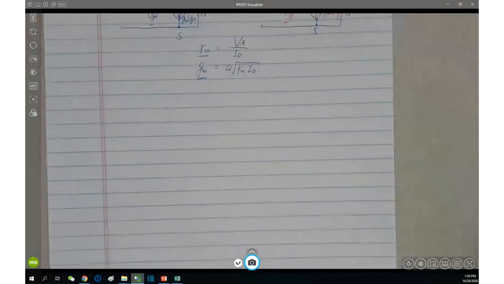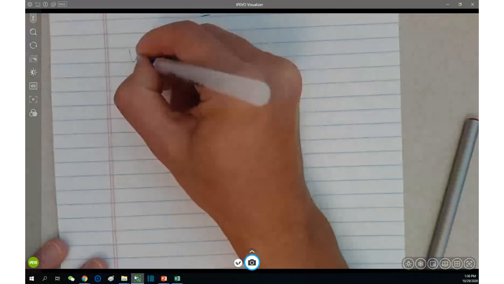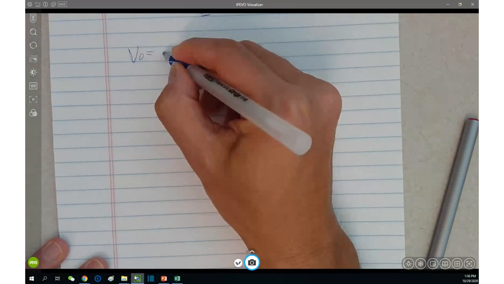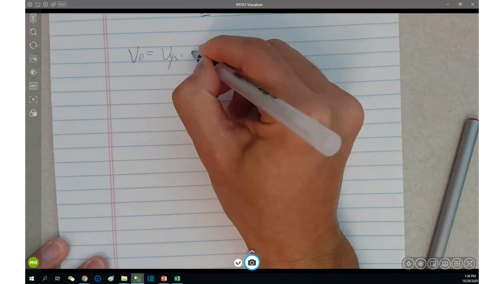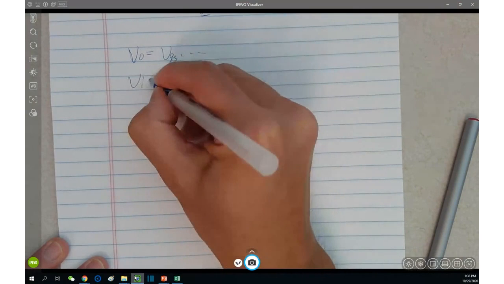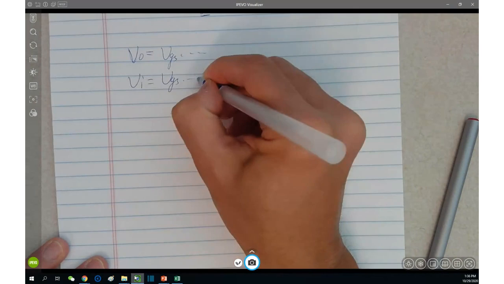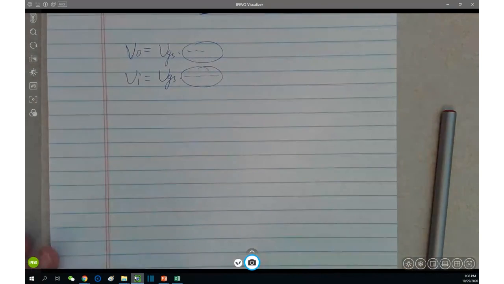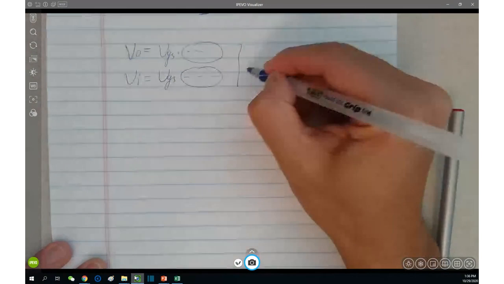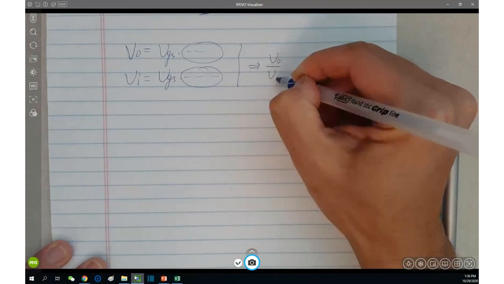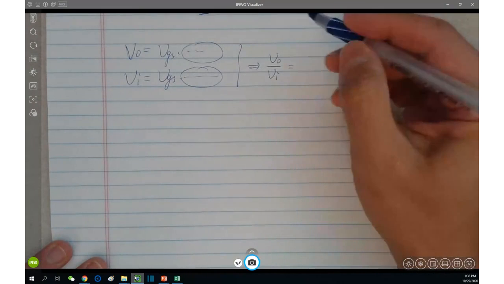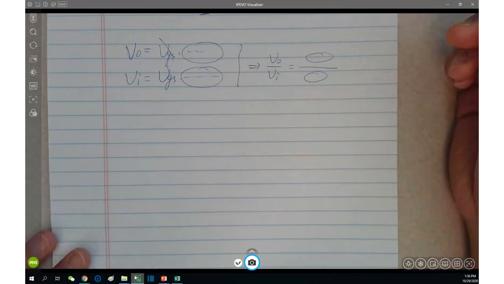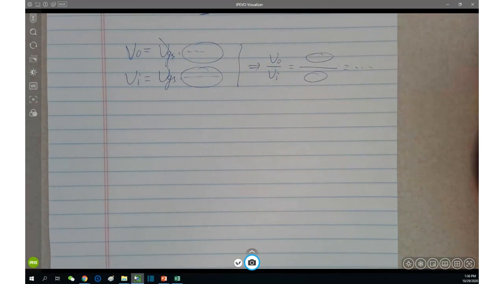Let me explain this way. You have V naught in terms of, say, VGS times something, a constant maybe. If your Vi equals VGS times something, and both of these somethings are in terms of resistance, meaning constants, then yes, you can do the ratio directly because VGS can be canceled that way, right? VGS is canceled, and you receive the constant result.